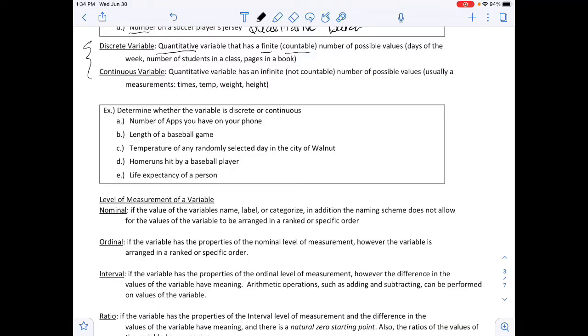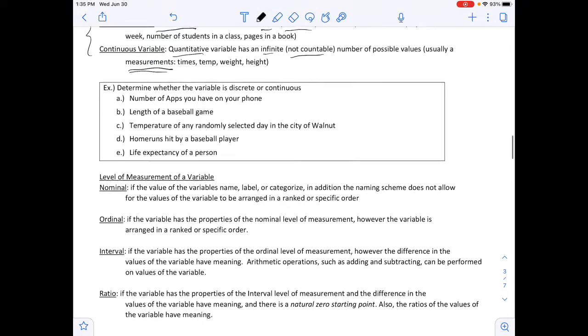You can literally count these, and you can tell me how many students are in the course or how many pages are in the book. Versus a continuous variable is also going to be a quantitative variable, but this one has an infinite, so non-countable, number of possible values. These are usually a measurement, such as time, temperature, weight, and height.